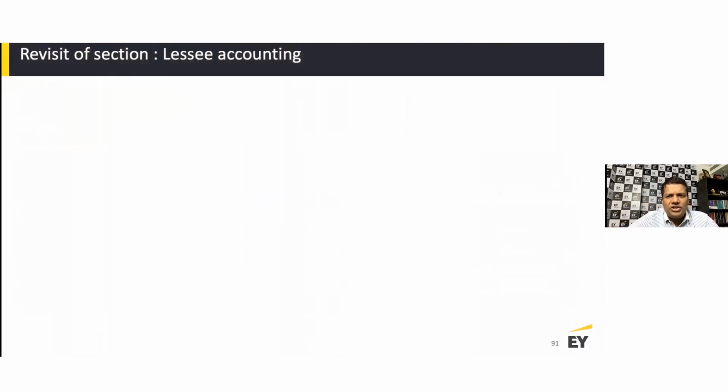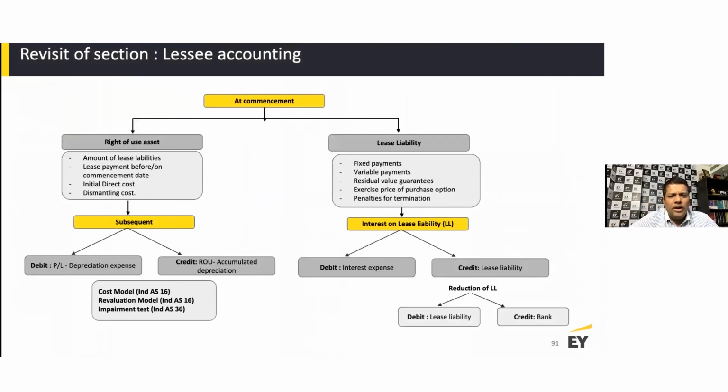Of course, there could be added complexity if you were to add, let's say, a modification in the in-between period, a change in lease term, and so on and so forth. You can keep complicating it, but remember the facts. If you remember the facts and understand the principles, you will be able to apply this as you look at the computation. So quickly to revisit what we've talked about in this section.